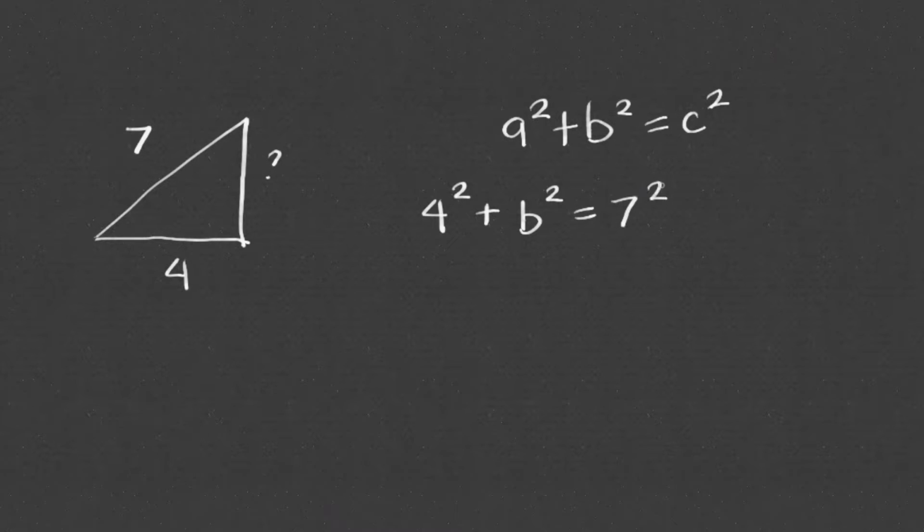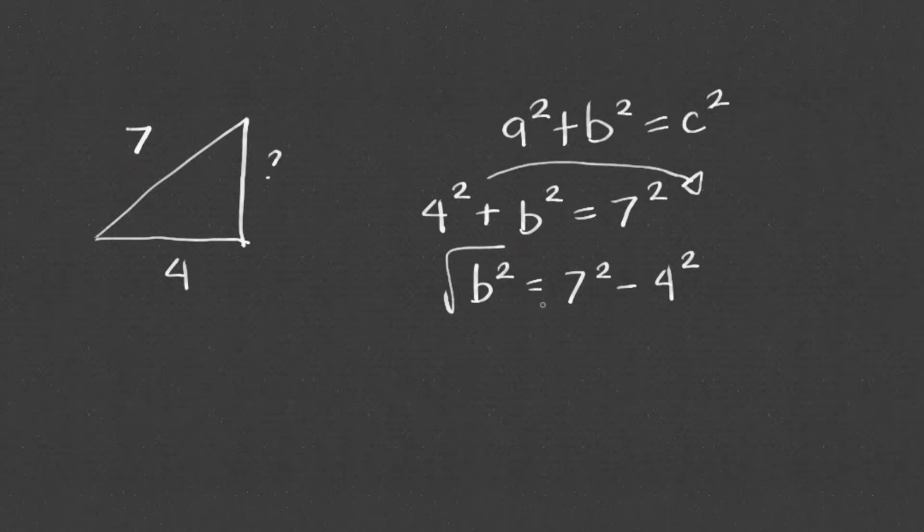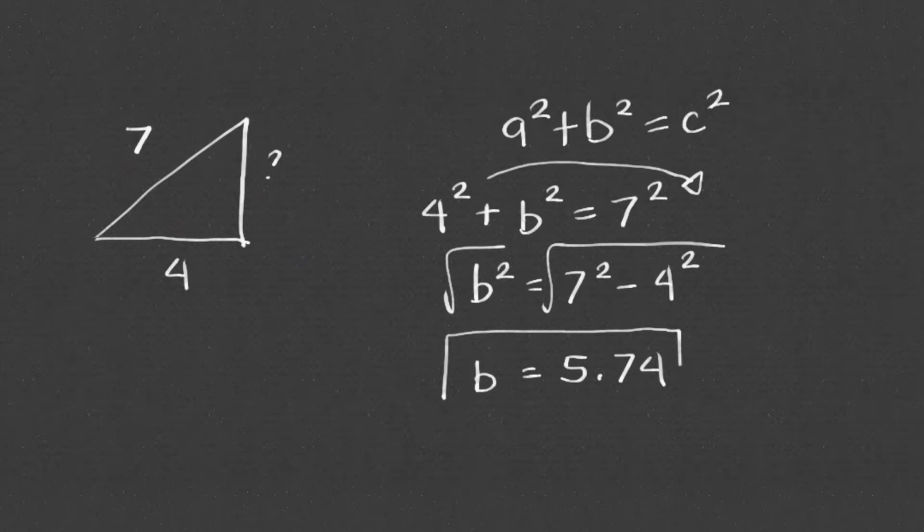And c is equal to 7 squared. To solve for b, we need to transfer 4 squared to the right side, which will become negative. And let's find the square root of both sides. The answer will be 5.74.